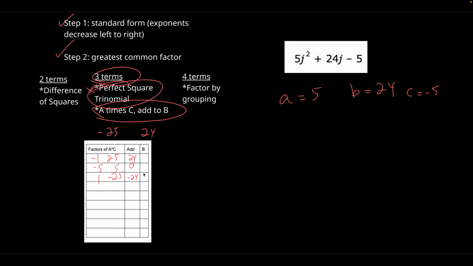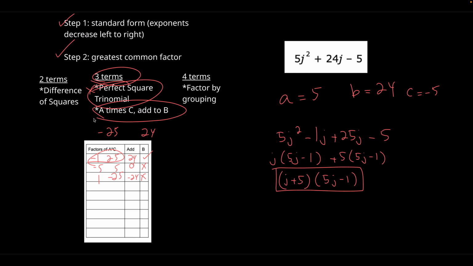The magic number we're looking for is 24, so no, no, yes. Magic pair, negative 1 and 25. So we do the split, 5j squared minus 1j plus 25j minus 5. And now we do our normal factoring by grouping. And so here is the work and final answer.